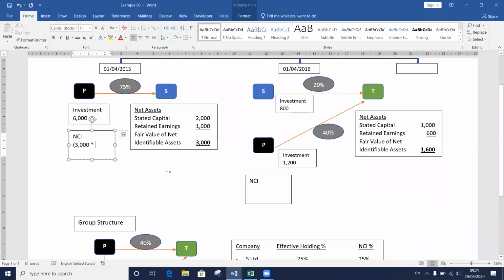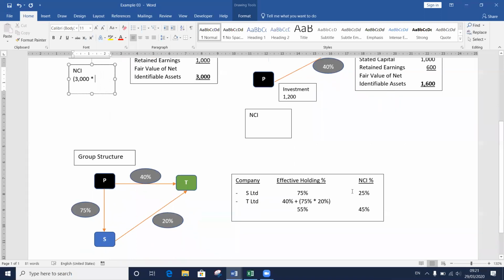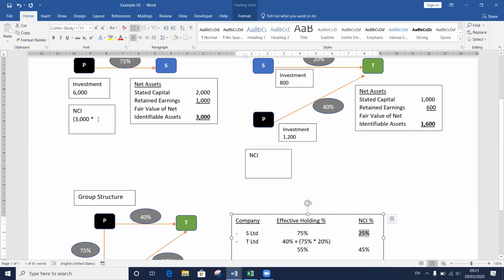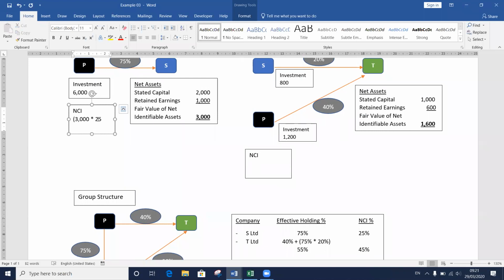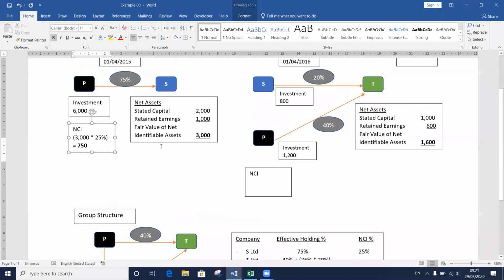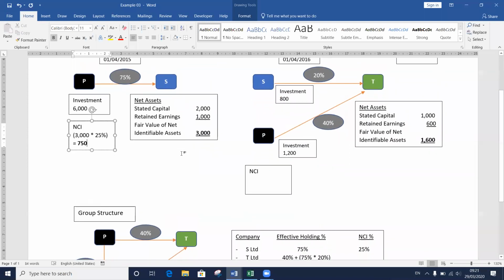The NCI percentage of S Limited is 25%. 3,000 into 25%. What is the amount? Here, it should be 750. Right. That is the NCI value of S.